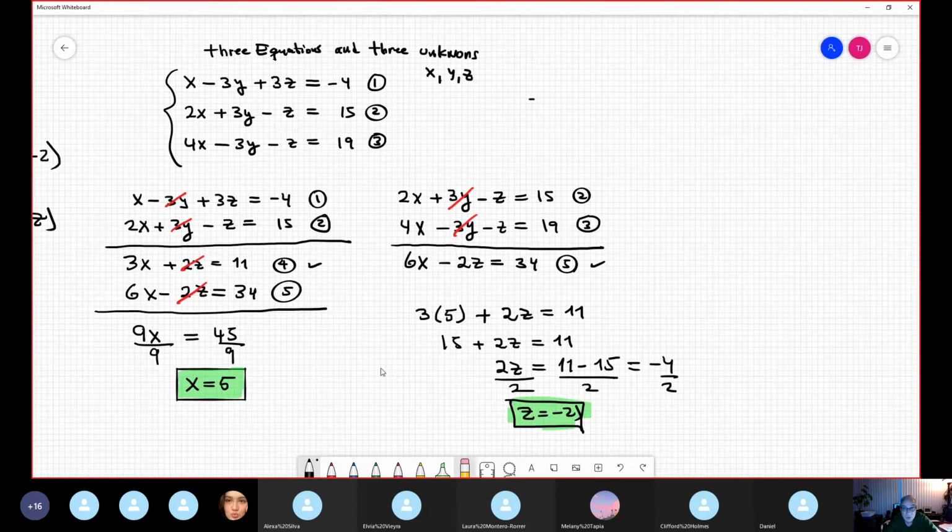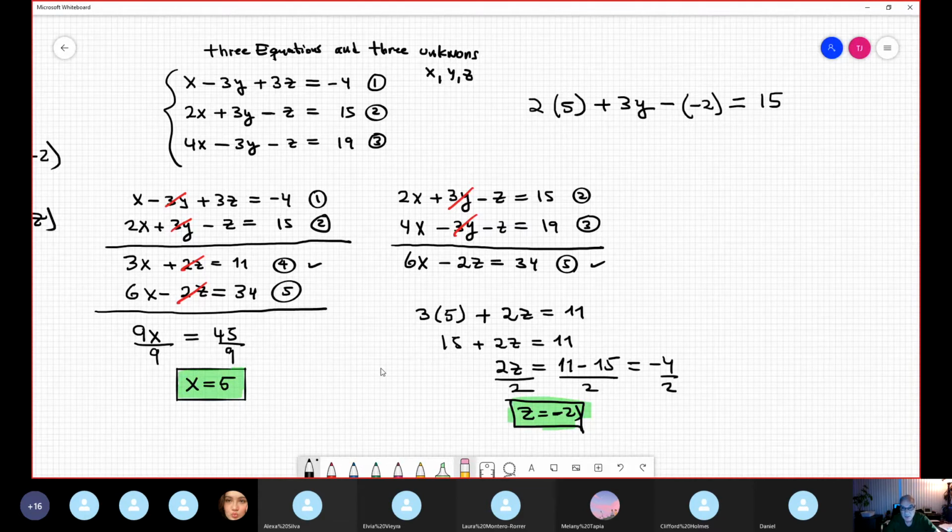I copy 2 times 5, because x I know is 5, plus 3y, I don't know y yet, minus, be careful with the sign, and the z value is negative 2, equal 15. Be careful with the sign because the equation has a negative subtraction and the value of z is negative, so we have a double negative.